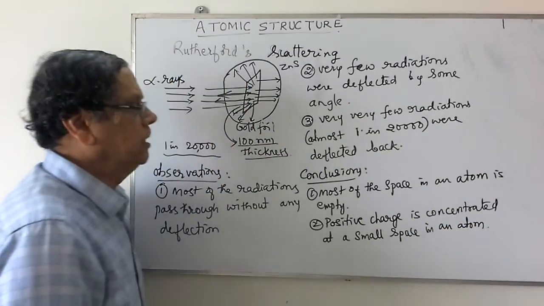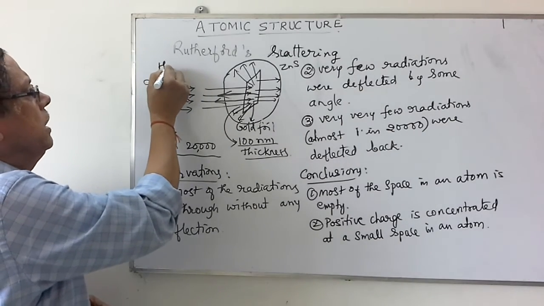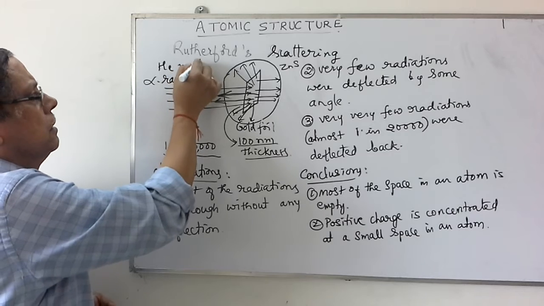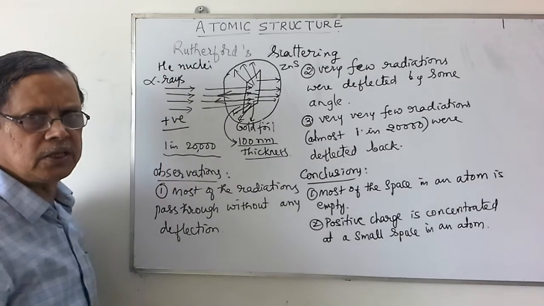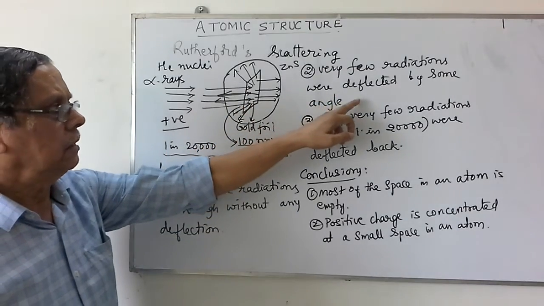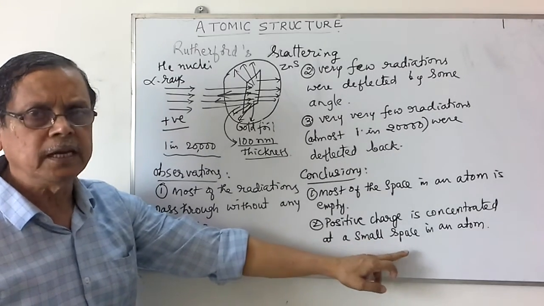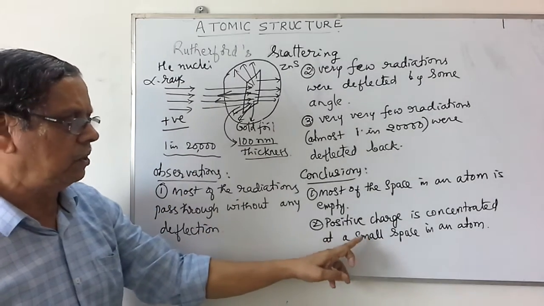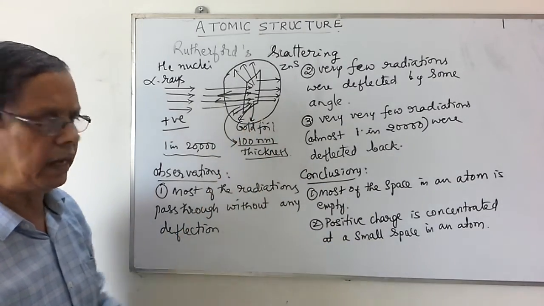These alpha radiations are also called helium nuclei. Since these helium nuclei or alpha rays carry positive charges, and some of these are deflected by some angle, it indicates that positive charge is concentrated in a very small space. Any radiation coming near this positive charge will be deflected by some angle.